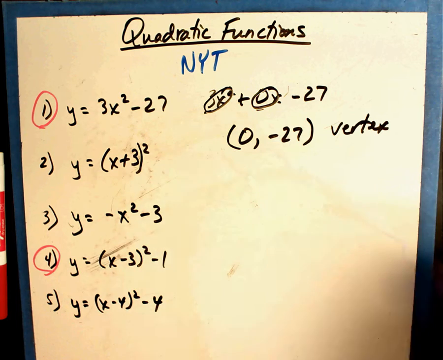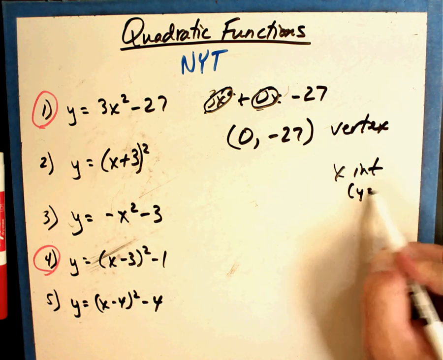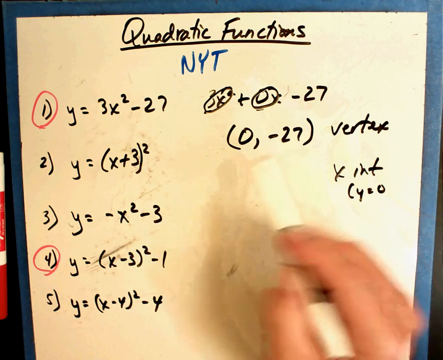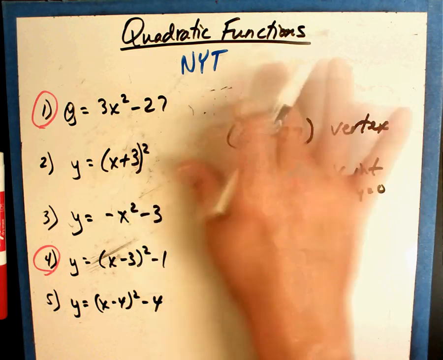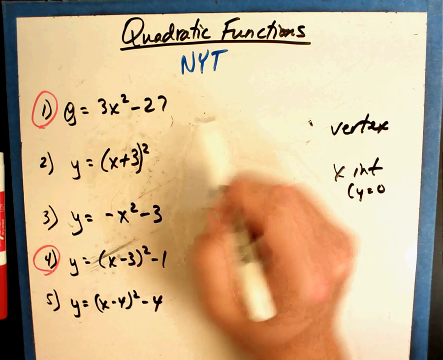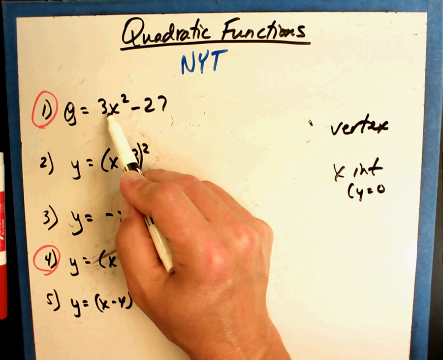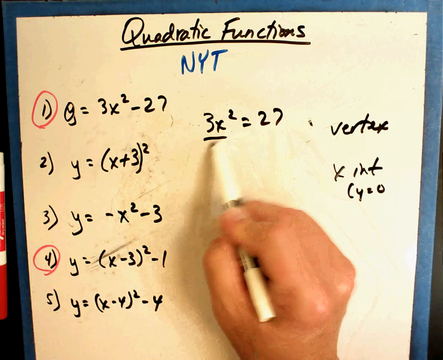If I want to get the x-intercept, which means I'm going to make y equals 0. So basically, if I go back to this equation and make that a 0, then solve it. If I keep the 3x squared there and move the 27 over, I'm going to have 3x squared equals 27. Divide by 3.